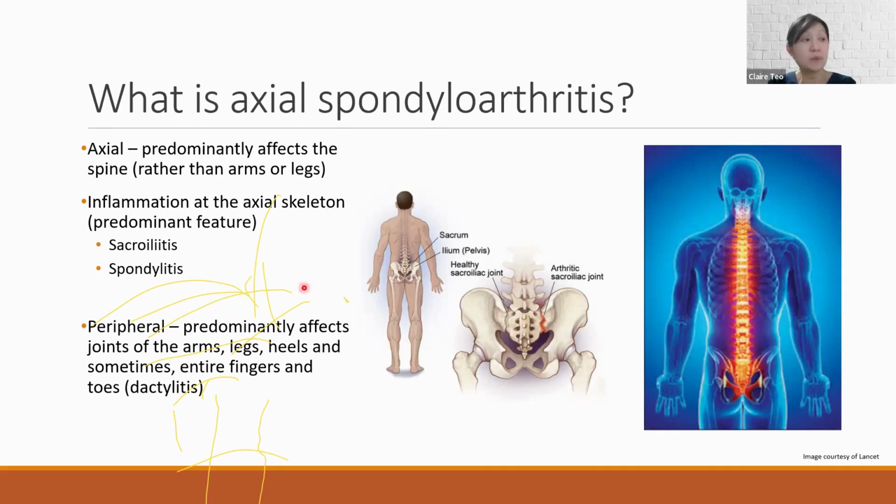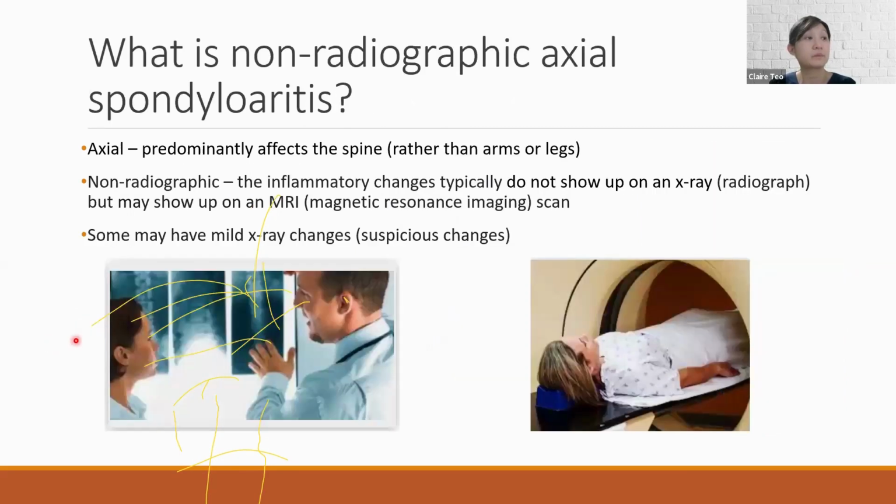But similarly, some of these patients who have predominantly peripheral arthritis may also have some axial involvement and may also have mild back pain. So all patients with axial spondyloarthritis and some people with peripheral arthritis do experience back pain. For axial spondyloarthritis, there's a wide spectrum in terms of pain and disability caused by the disease.